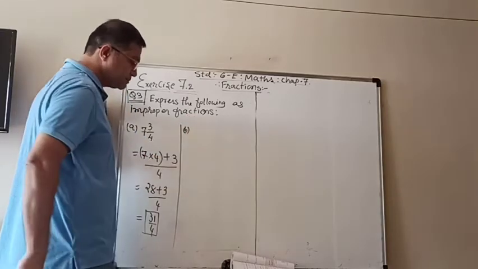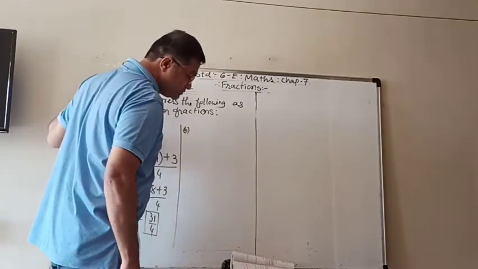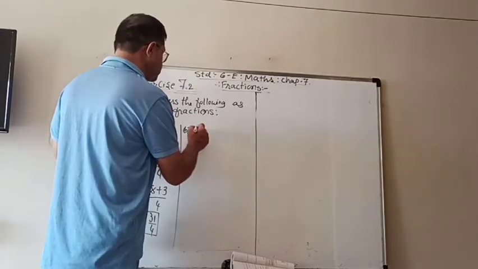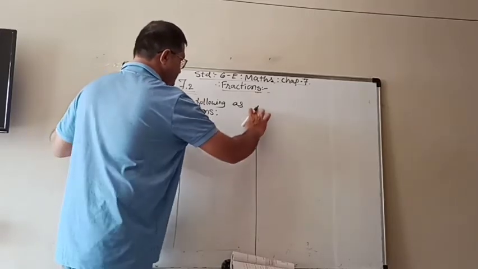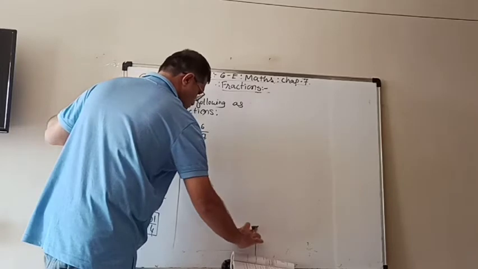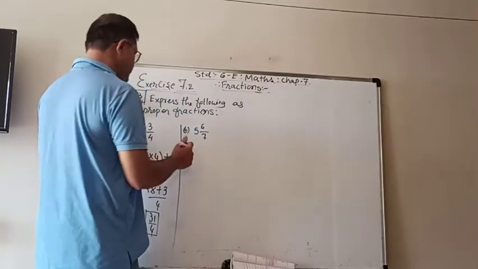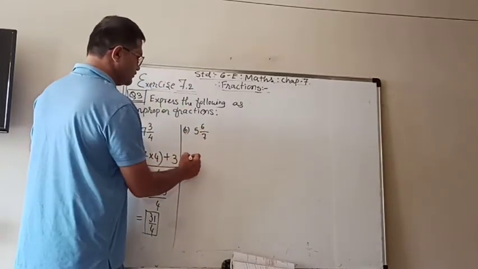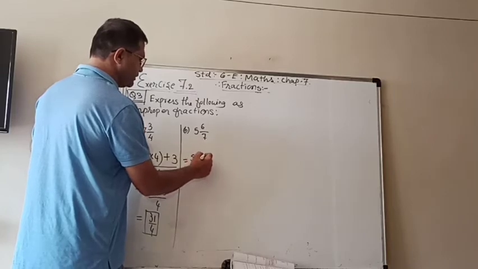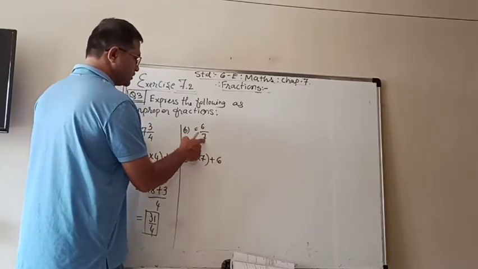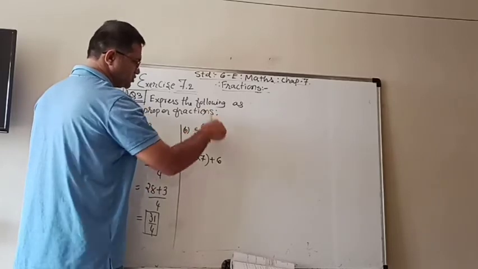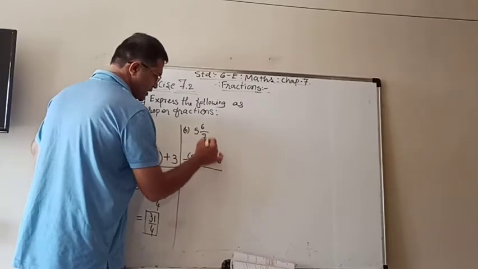Next, B. In B, it is 5 integer 6 upon 7. So now, same method, whole multiplied by denominator plus numerator, and that should be put over the same denominator.